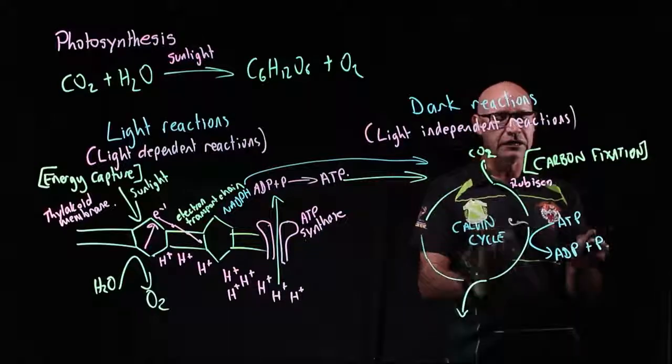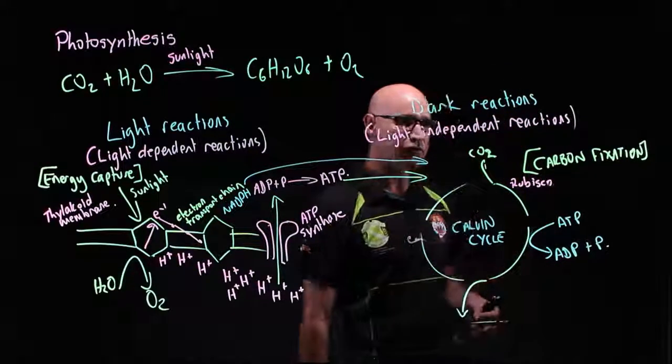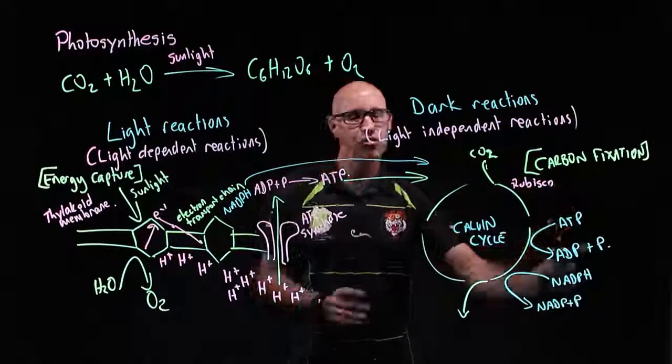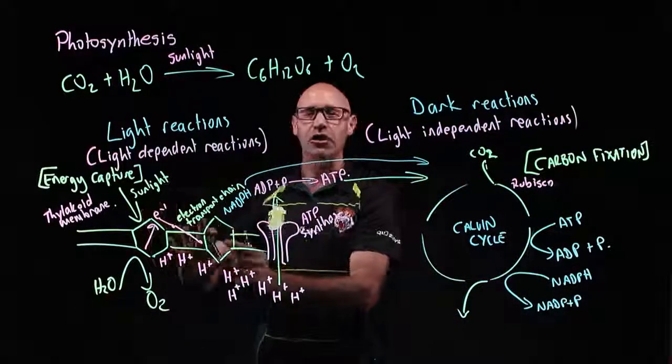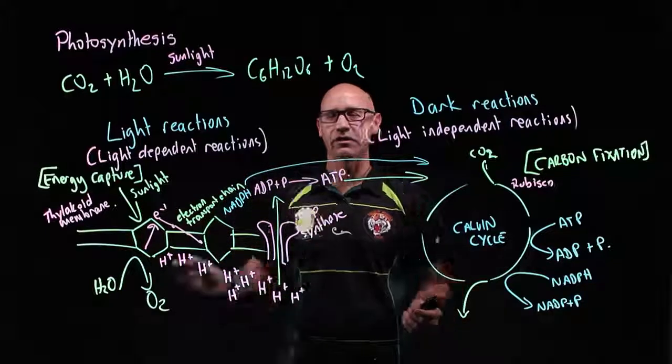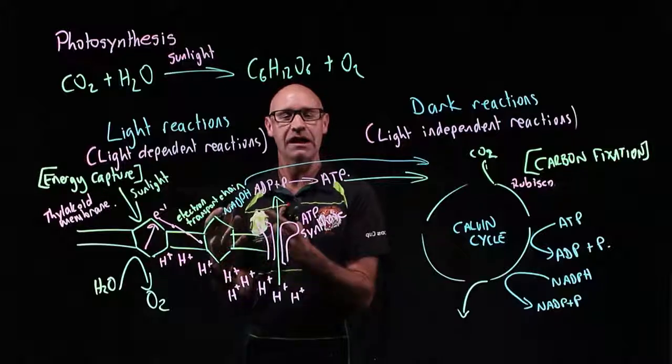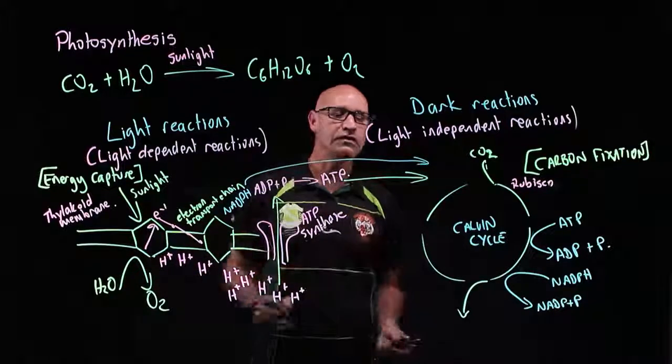Not only is it ATP but it's also the NADPH as well. These molecules then go back to the thylakoid to be recycled, converted back to their high energy state, and the cycle continues.